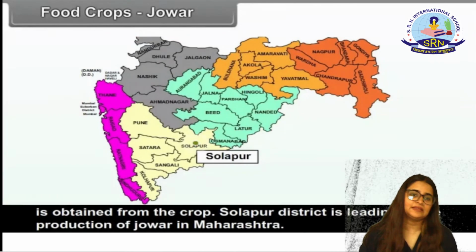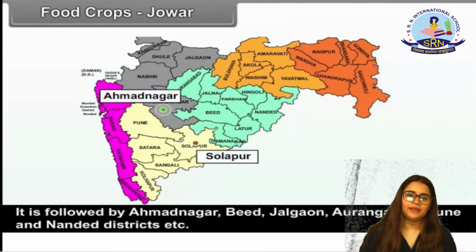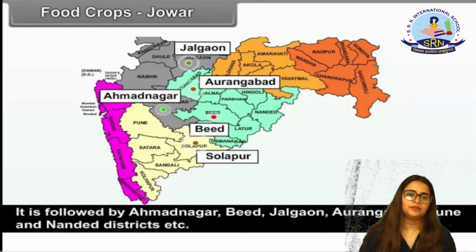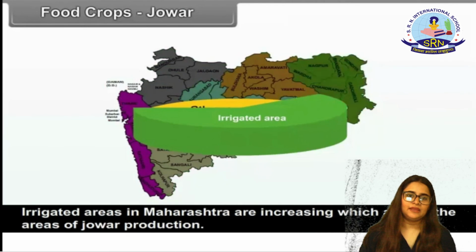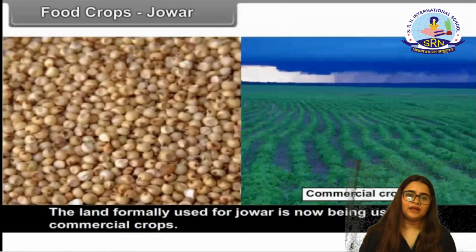Solapur district is leading in the production of jowar in Maharashtra. It is followed by Ahmednagar, Bir, Jalgaon, Aurangabad, Pune and Nanded districts, etc. Irrigated areas in Maharashtra are increasing, which affects the areas of jowar production. The land formerly used for jowar is now being used for commercial crops.